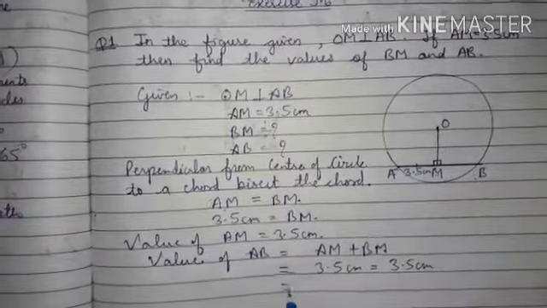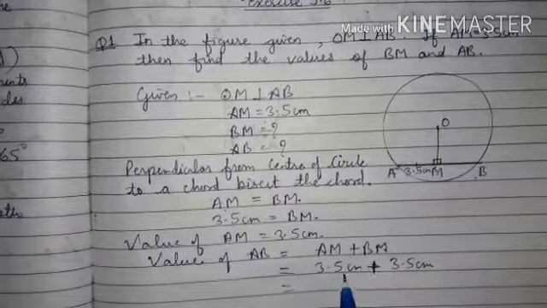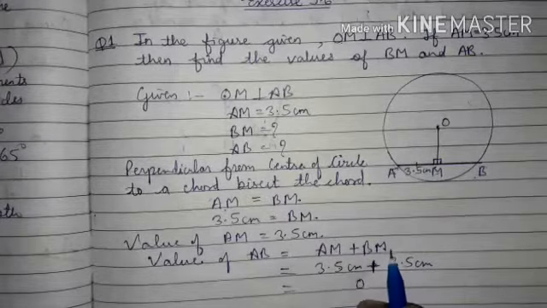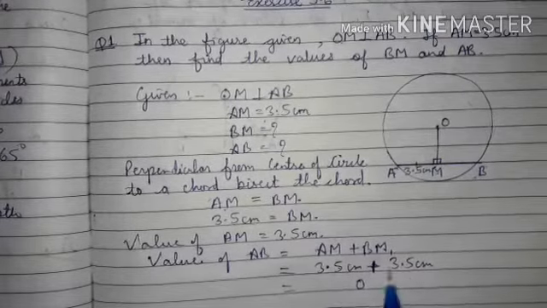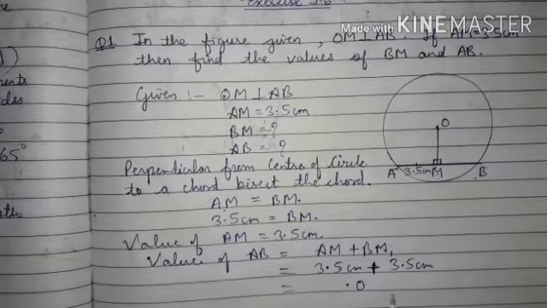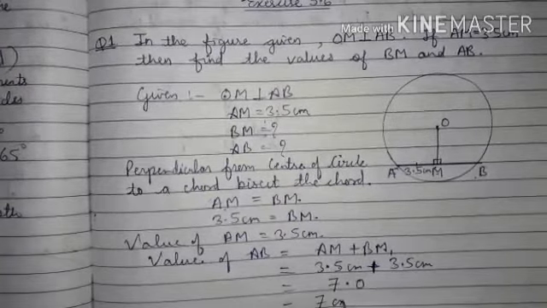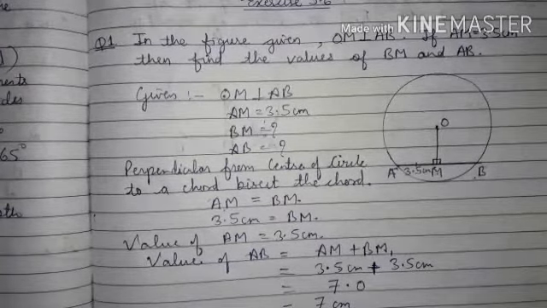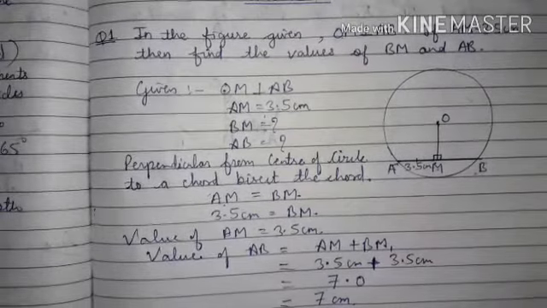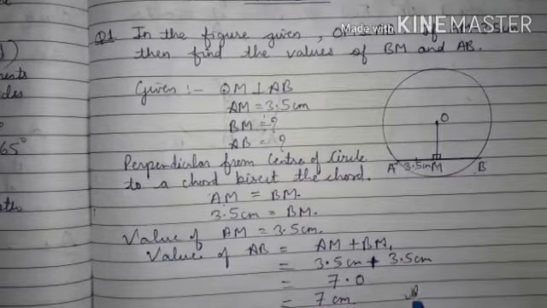So we have to do addition. 5 plus 5, 10, 1 carry, point or decimal, and 3 plus 3, 6, 6 plus 1, 7. So 7.0, it means 7 centimeters. The value of AB is 7 centimeters. That is our answer.